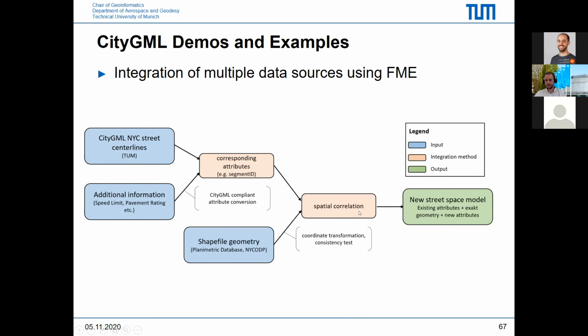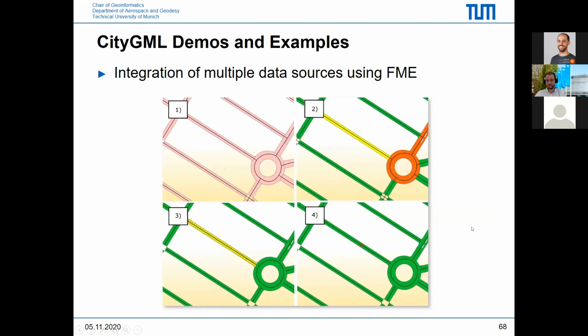The next step was then a spatial correlation of the information contained within the center lines to the aerial geometries provided in the planimetric database. And this then resulted in the combined model of aerial geometries with existing attributes and combinations with new attributes.